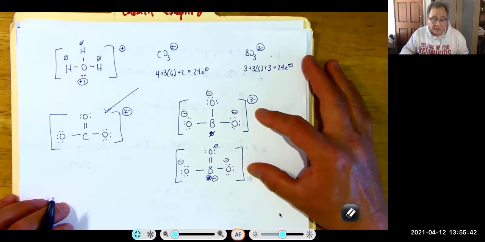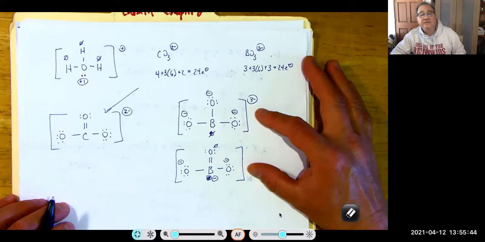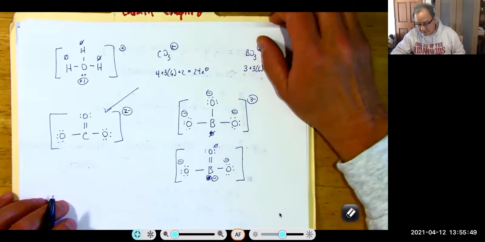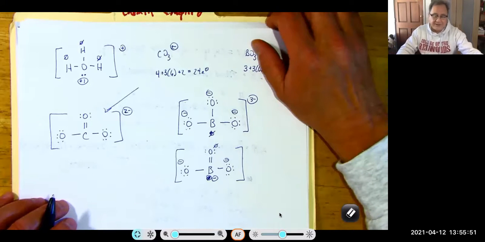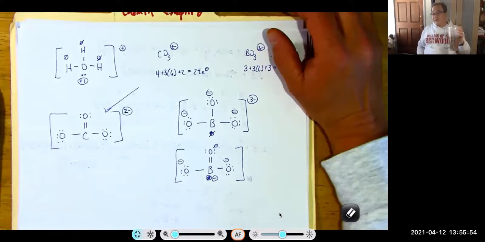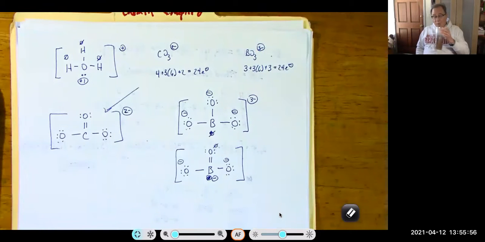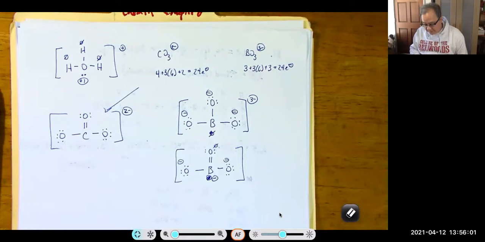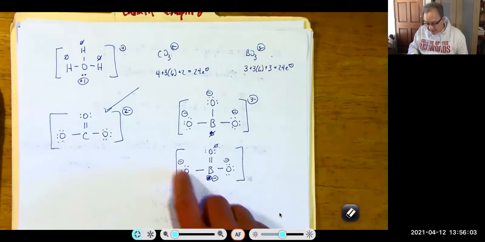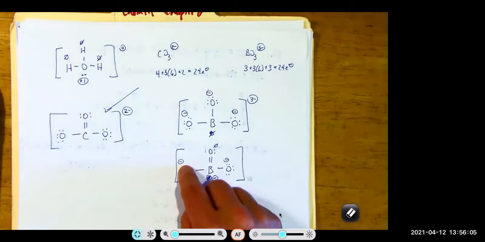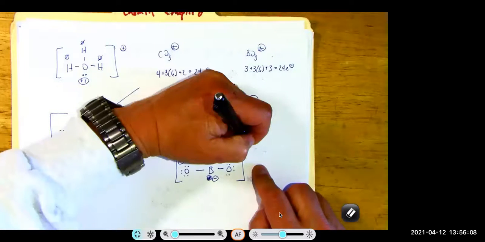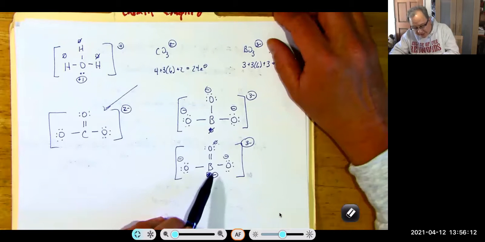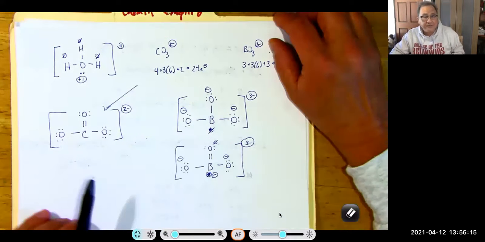Why is the top one better? Because of the electroneutrality principle. Can you give me a little bit more than just saying that? Because the formal charges add up to the charge of the ion. They do in both cases though, -1, -1, -1. Is it because the negatives are on the more electronegative element? Right. This negative on the boron is not as good as this negative on the oxygen.